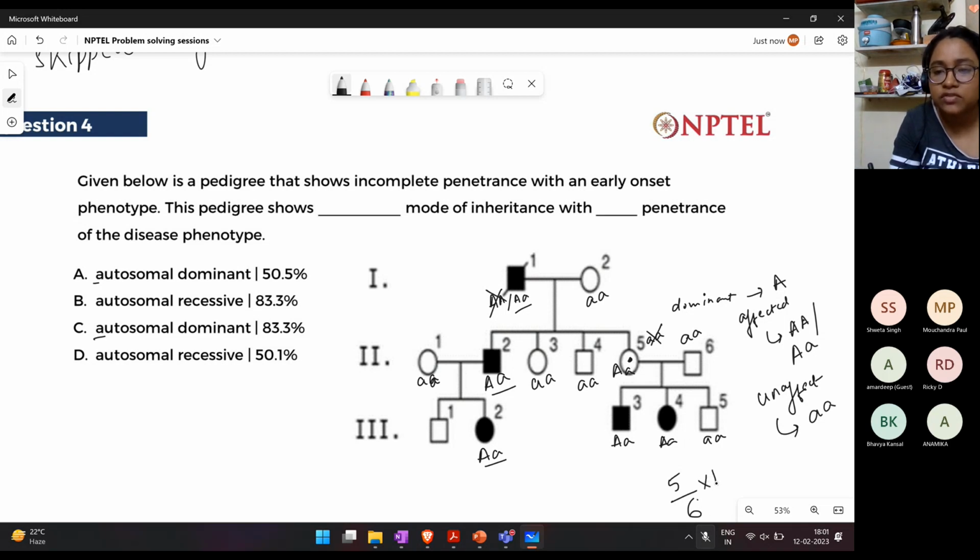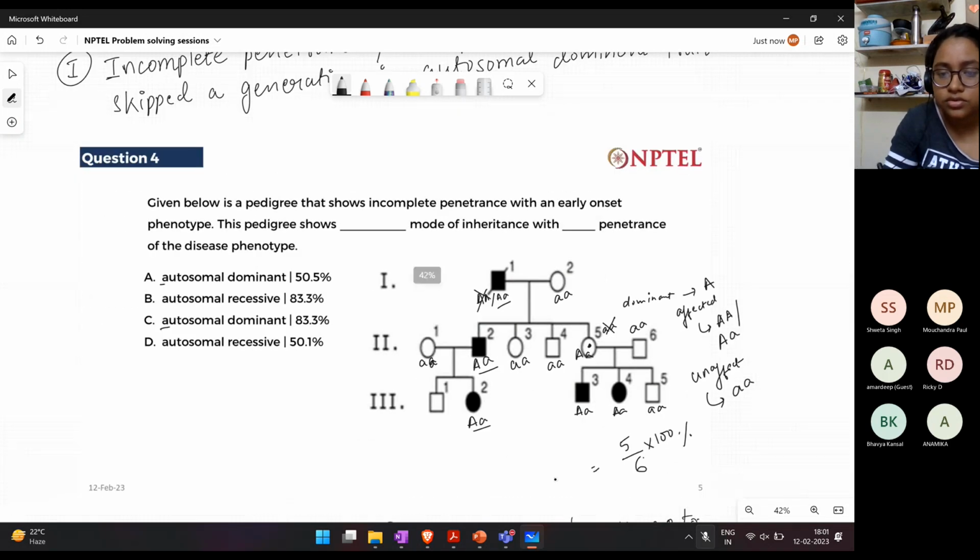Then you multiply by 100, and the answer would be, you can get a calculator. I have calculated previously, the answer is 83.3. So the correct answer is C. So now is the concept of penetrance and how to calculate penetrance clear to all? Yes, ma'am. Okay, great. So let's move on.